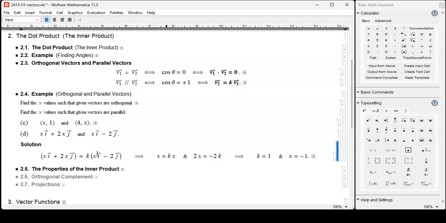First vector is k times the second vector, and then set up a system of equations. X is kx, 2x is negative kx, so k is equal to 1. And plug in, you get x equal to negative 1.